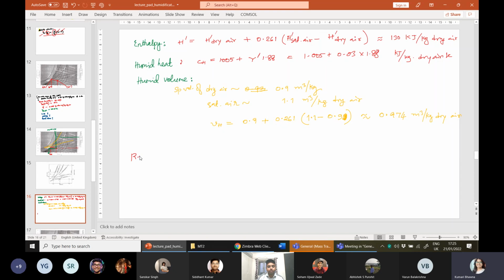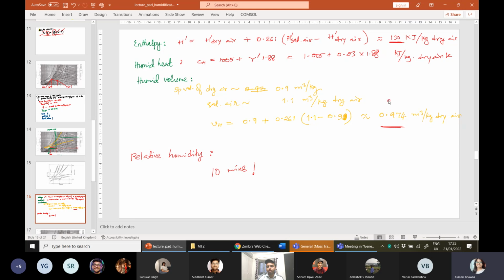Achha, then the final important value is the relative humidity. Right. So for this, I want you to explore how you will work out the relative humidity in this case. I give you 10 minutes for that. Please work out how you will get the relative humidity, and also please confirm for me the value of the enthalpies as well as the humid volumes.